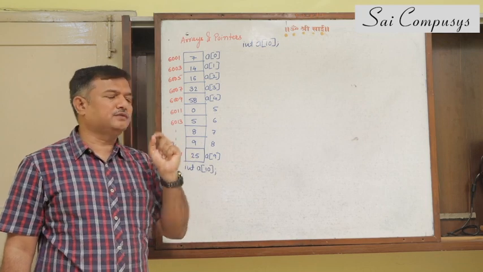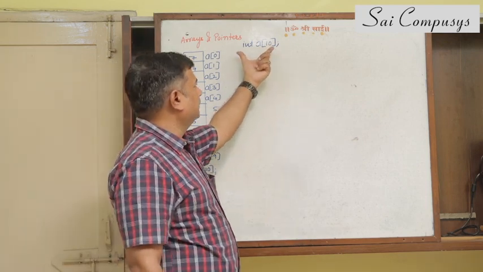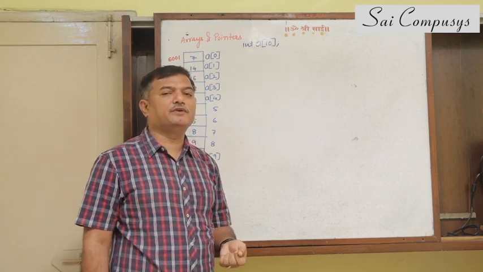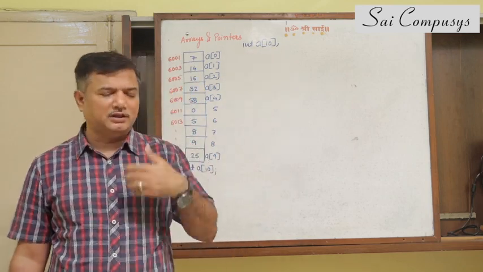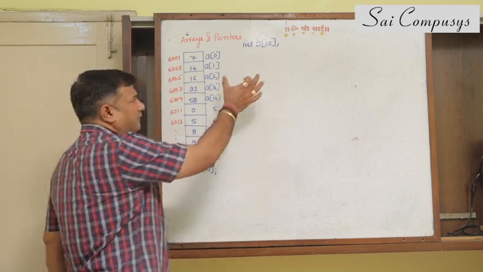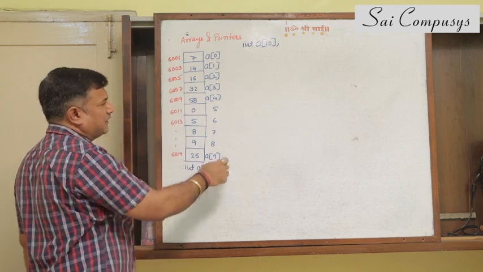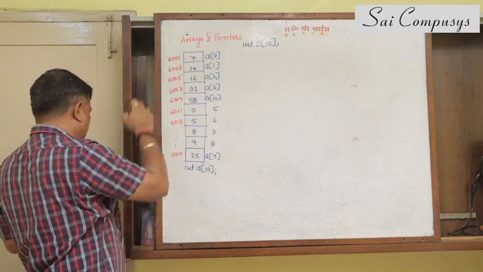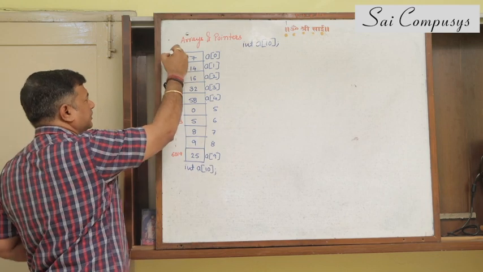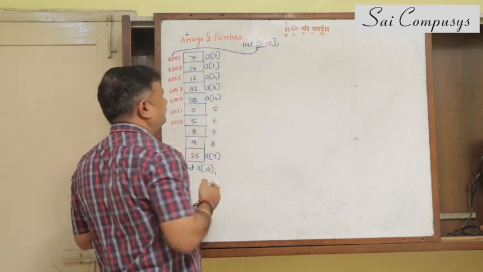Now, one interesting thing about arrays. Whatever the type of array may be, whatever the dimension of the array may be, or the name of the array may be, remember one important thing. Whenever this is defined, 20 bytes are reserved, and wherever these 20 bytes are reserved, the starting address, the starting location, is always available in the name of the array.